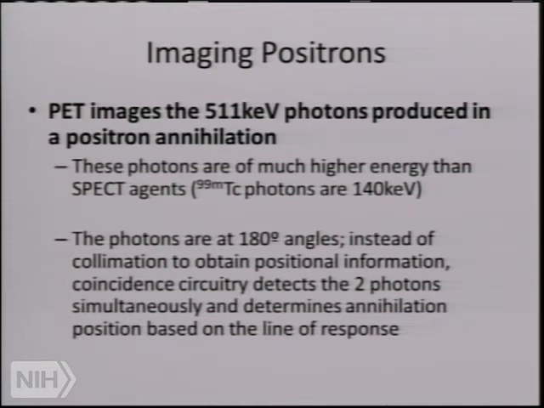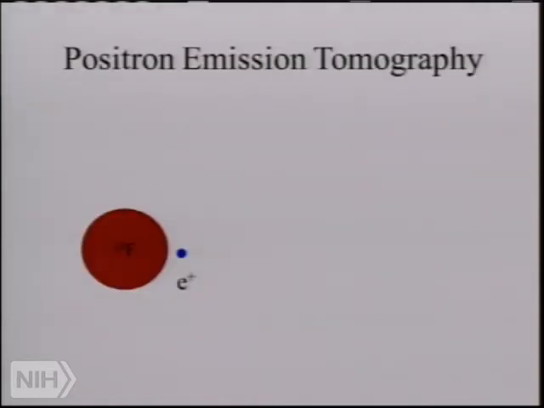So PET images, as I said, are 511 keV photons produced by a positron annihilation. They're much higher energy than what we usually use for SPECT imaging. And the photons are at 180-degree angles, which means that we can detect them at opposite sides of the detection ring.